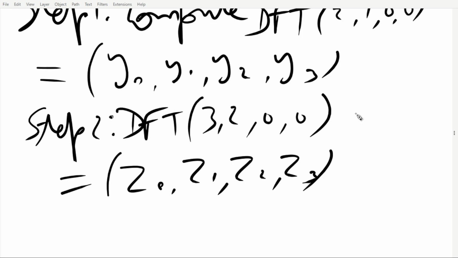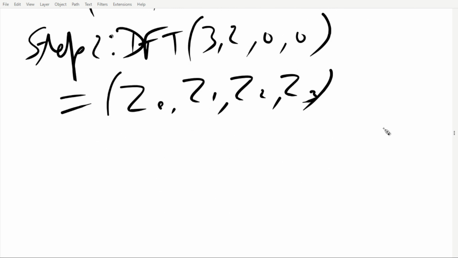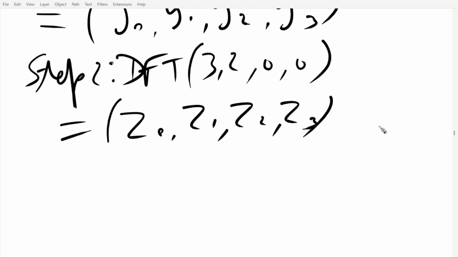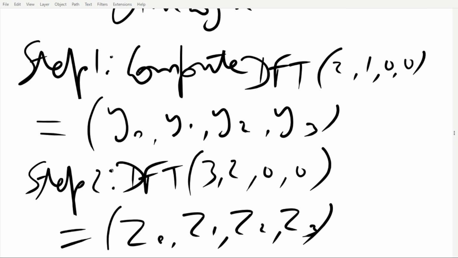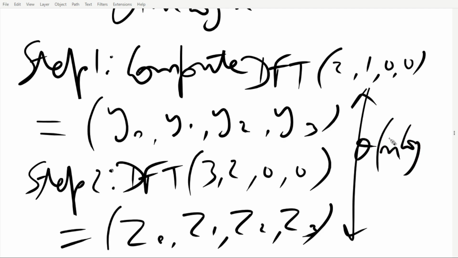Both steps 1 and 2 take big theta of n log n time for computing the FFTs.